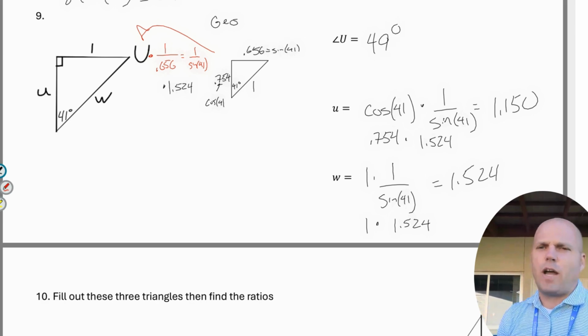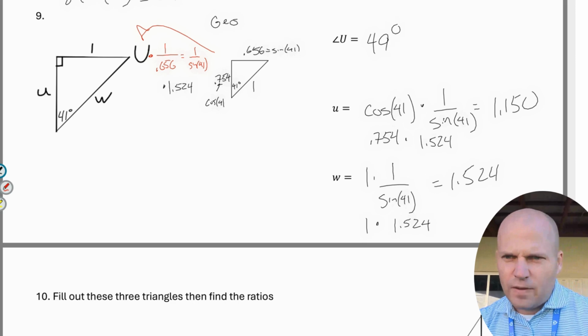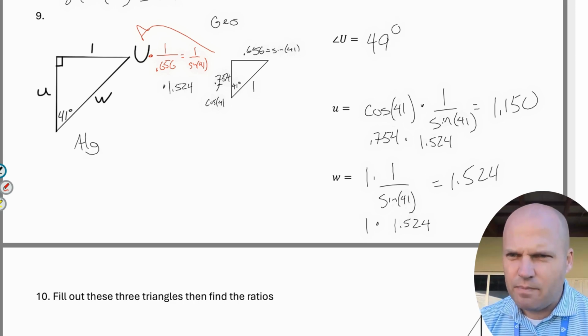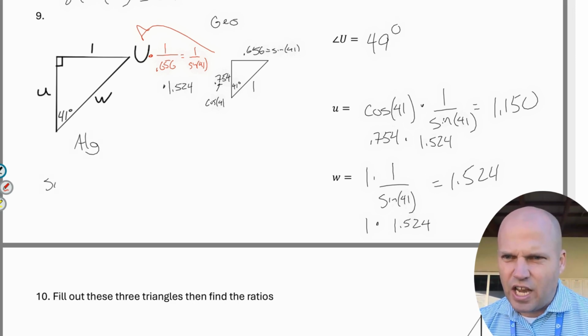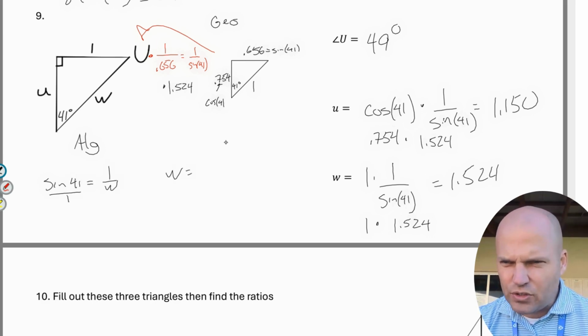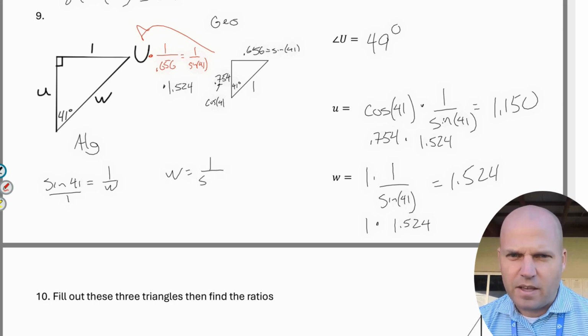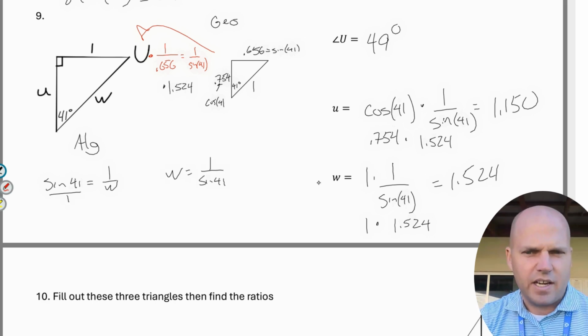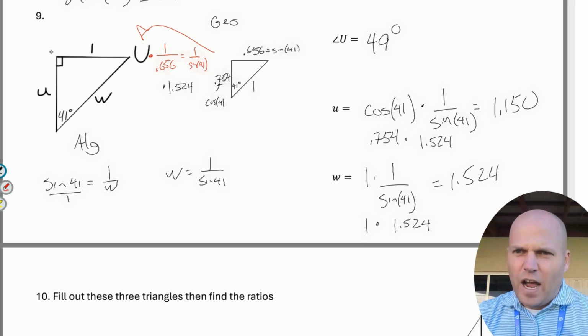Everything could have been done the same way. If I were going to do this the algebraic way, I would have said the sine of 41 equals 1 over W. Cross multiply divide. W equals 1 divided by the sine of 41. That's what I got here. To find U, I probably would have used tangent.